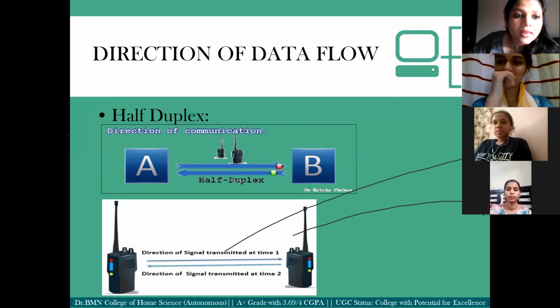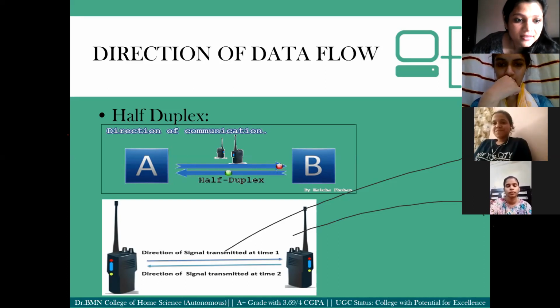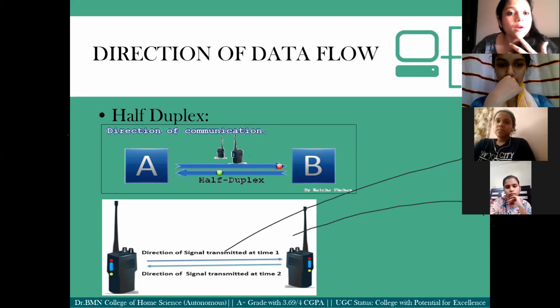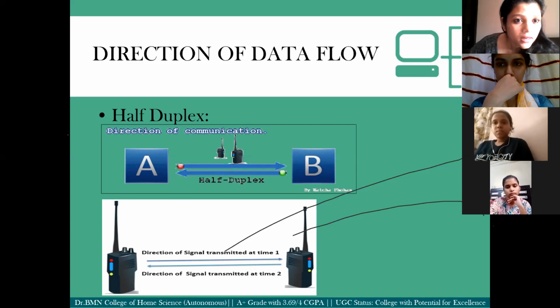Don't do that. Okay. So half duplex means from the sender to the receiver, then from the receiver to the sender. Now, just below that GIF, I have given one more image, which is an example of half duplex. I hope you all are aware of walkie-talkies.